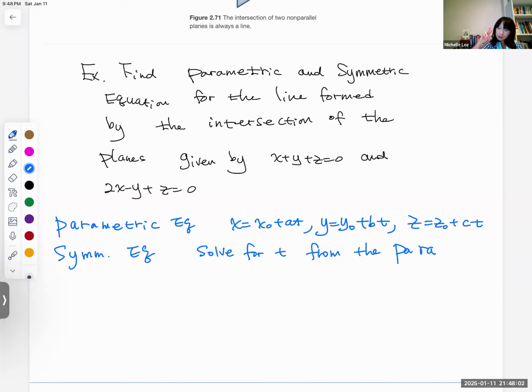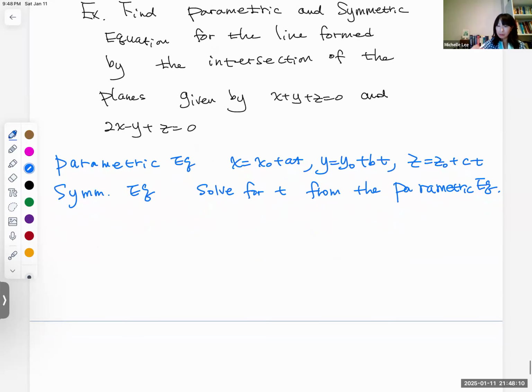We have the equations of two planes, right? Two equations from the two planes. So let's say equation number one, we have x plus y plus z equal to 0. And equation number two, we have 2x minus y plus z equal to 0, right?